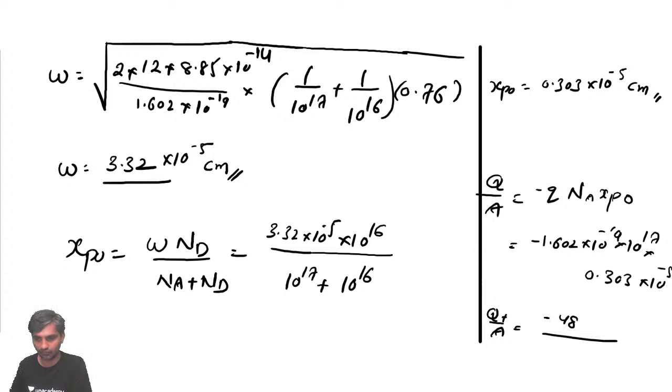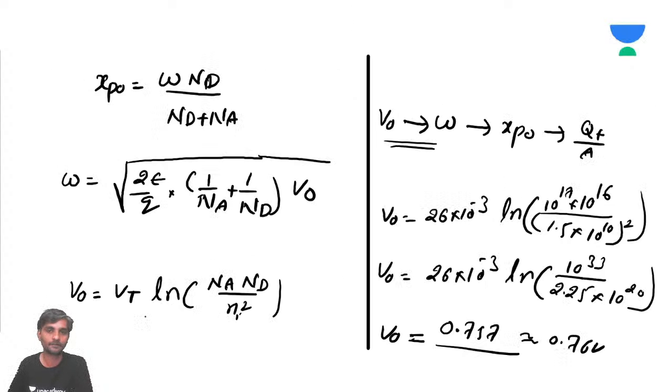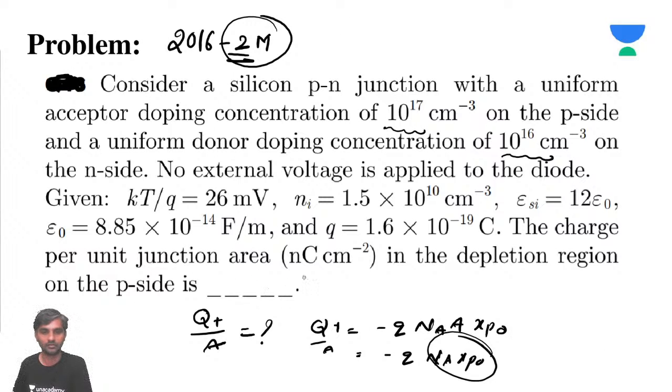So Q plus by A is going to be, I'll write directly, minus 48.48 nanocoulombs per centimeter cube. He is asking in nanocoulombs. Remember this also.